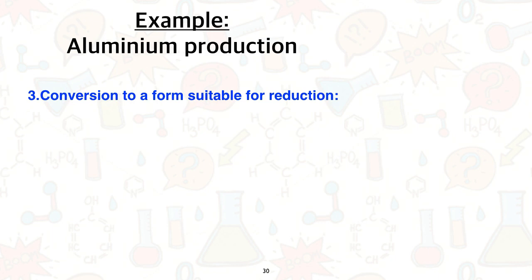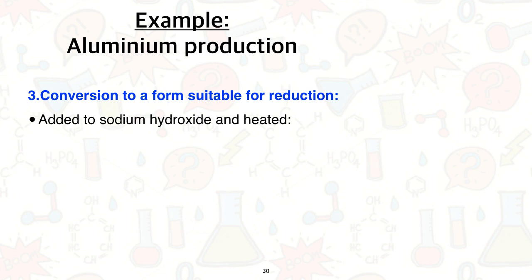Conversion to a form suitable for reduction: we react it with a solution of sodium hydroxide and we heat it. Heating will help increase the rate of this reaction. It reacts with the aluminium hydroxide.